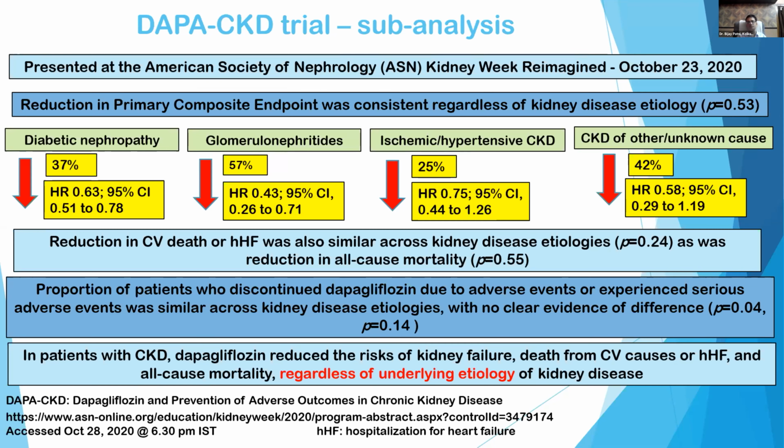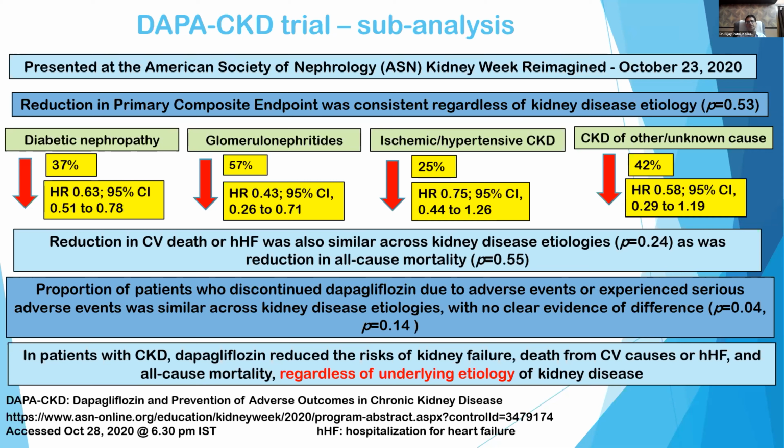Along with that, it also said that the reduction in CV death or hospitalization for heart failure was across kidney disease etiologies. The proportion of patients who discontinued dapagliflozin due to adverse events or experienced serious adverse events was similar across kidney disease etiology. So not a single etiology, whether you pick up diabetic nephropathy, glomerulonephritis, ischemic hypertensive CKD, or CKD of unknown origin.